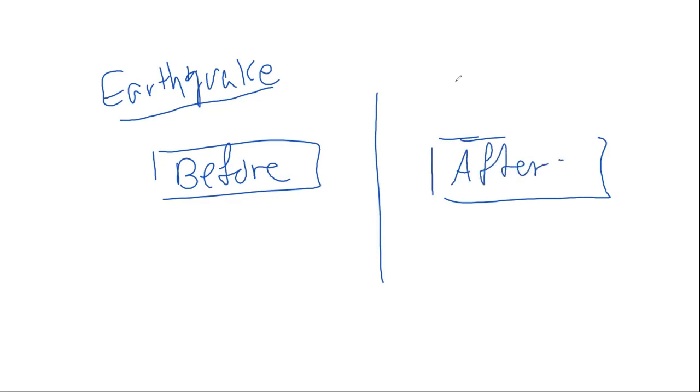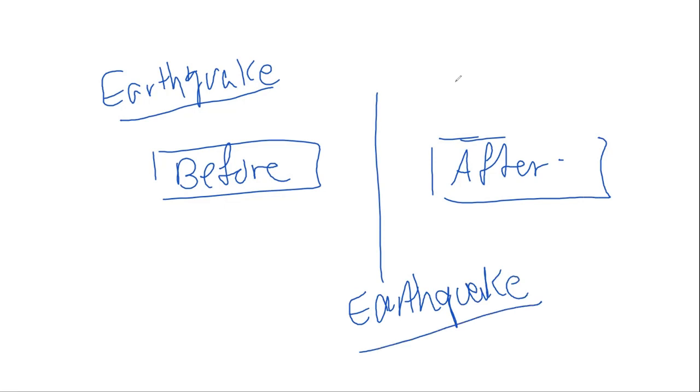So here is the earthquake. Of course, the magnitude of the earthquake is also important. When it is large, it's easier to detect by satellite, GRACE data or GRACE-FO data. But a smaller earthquake is a little bit harder, because of the distance and sensitivity.